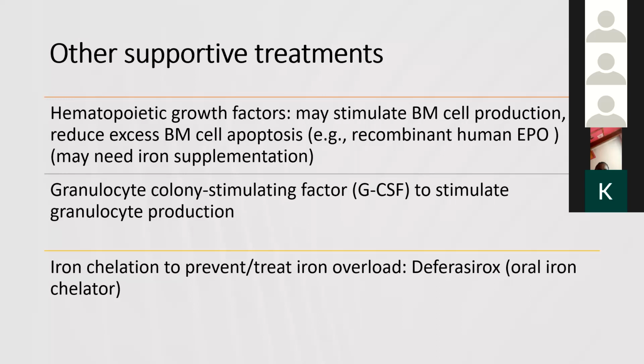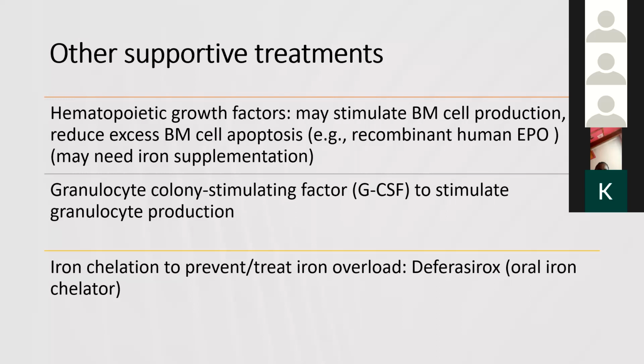And then if they have iron overload, again, remember, these are patients who may be frequently transfusing. And the minute somebody is on frequent transfusion, there's the problem of iron overload. So we need to prevent or treat that if it has occurred. And there's the deferasirox, that is the oral iron chelator.